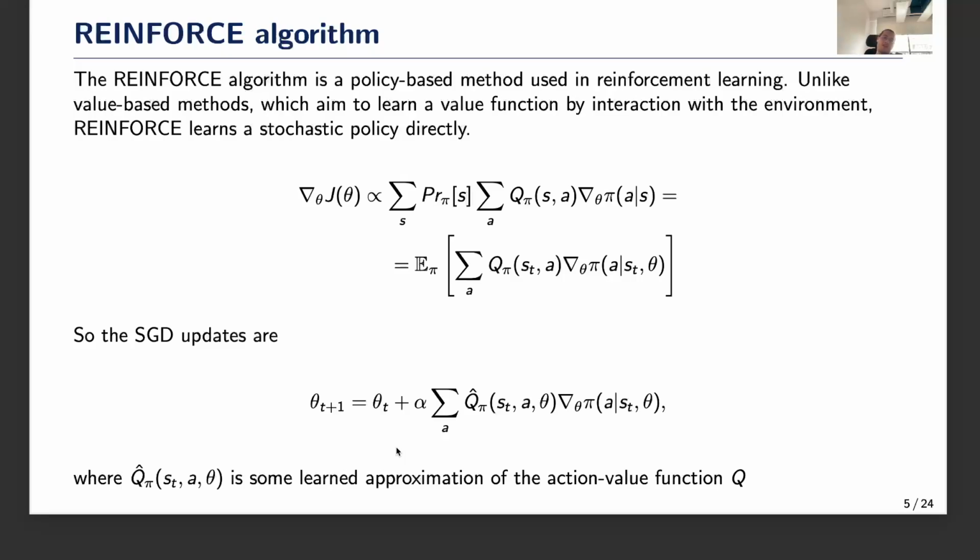That's what leads to the REINFORCE rule. The stochastic gradient ascent update becomes like that. Here, what we have is some learned approximation of the action value function, usually the actual return observed from the rollout.